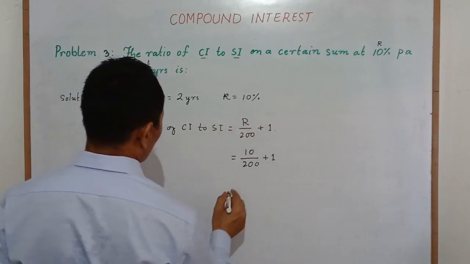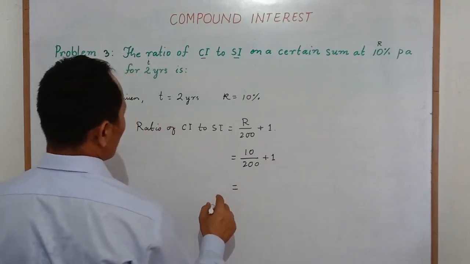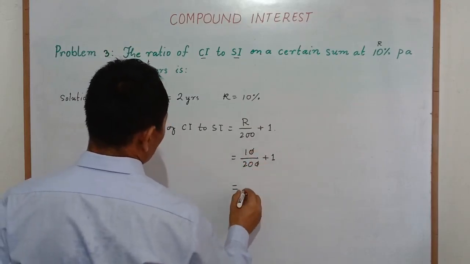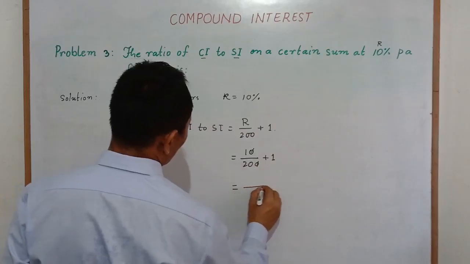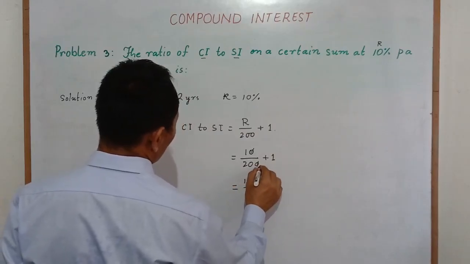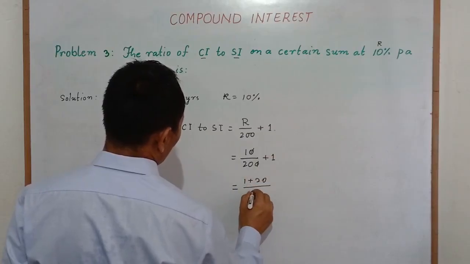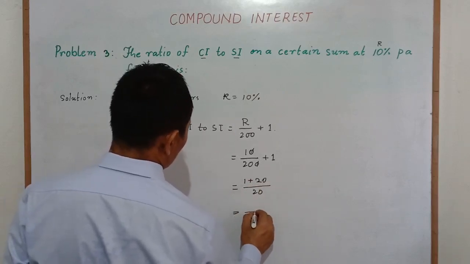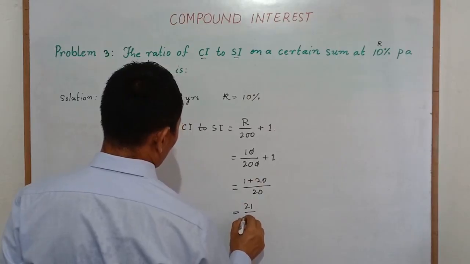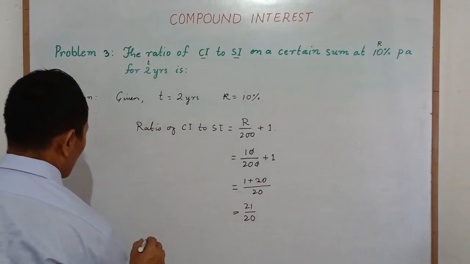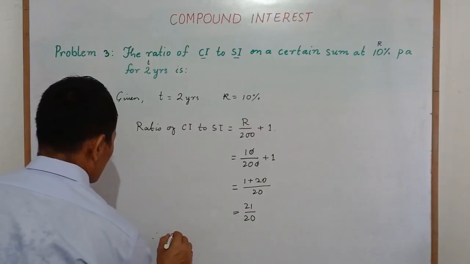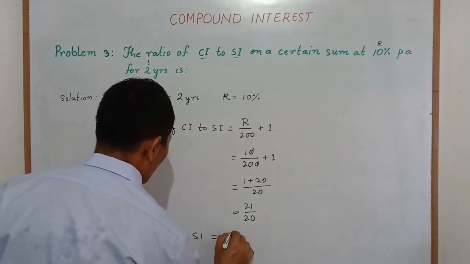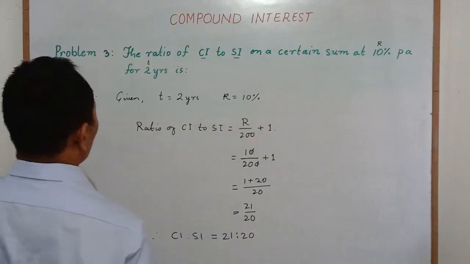So 2 into 1 plus 20 by 20, that is 21 by 20. Therefore, CI is to SI is equal to 21 is to 20.